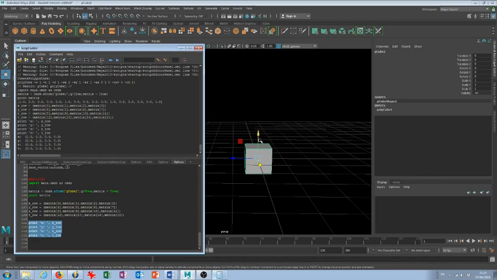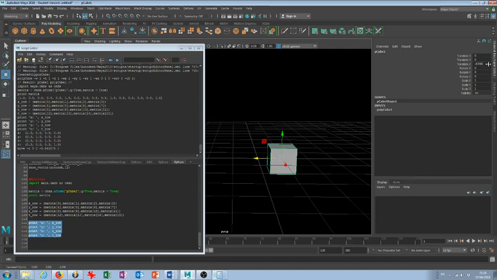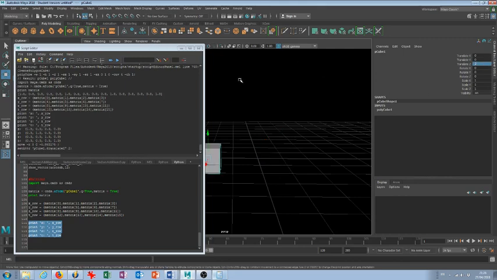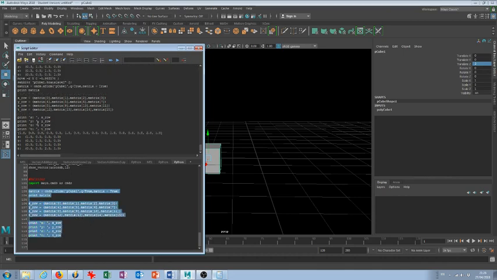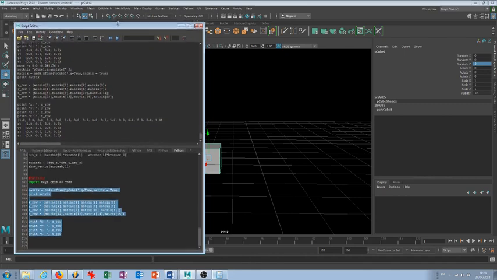For example, if I translate the cube in this coordinate, we can see in the channel box that it is changing. Let's say 2, so that it's clear. We have translated it, and now we repeat this to see how the transformation matrix has changed.